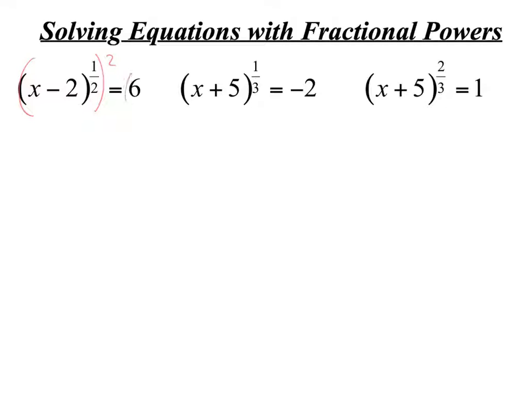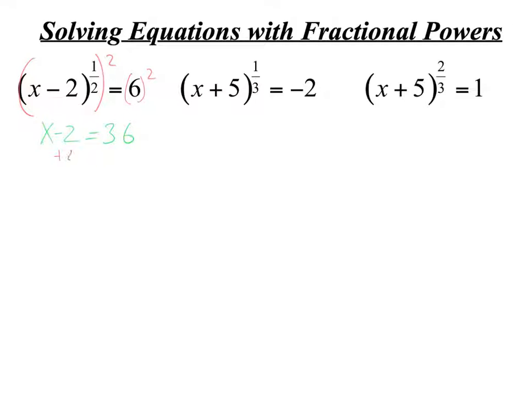But we have to do that to both sides. So this becomes x minus 2 over here, and on the right is 6 squared, which is 36. So if I take a 1/2 power and I square it, this disappears to a 1, and this becomes a 36. And that is a very, very simple solve from there.